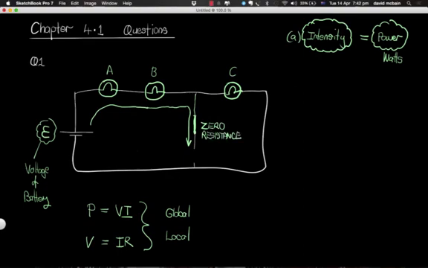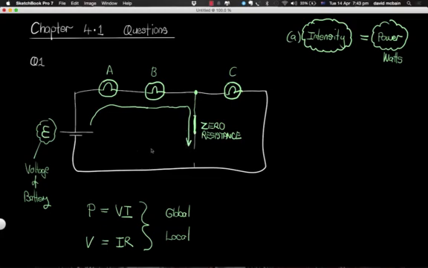So if a current reaches a fork in the road, if you like, and one branch has significant resistance and the other branch has no resistance, then virtually all of the current will pass through the branch with no resistance.